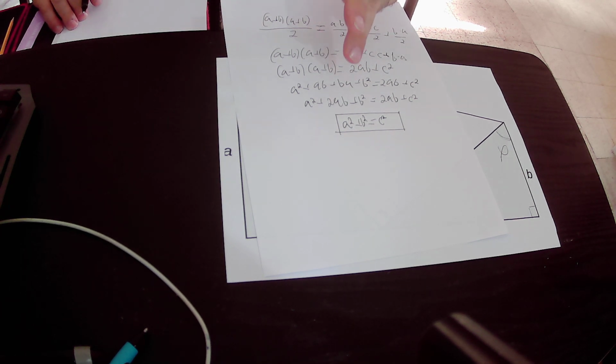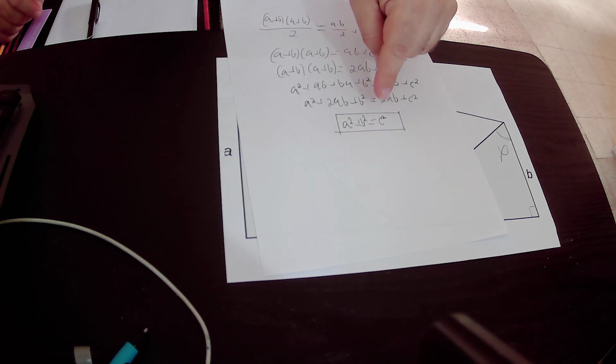So the last term is A squared plus B squared equals C squared, and this is exactly the Pythagorean theorem that says that the square of the hypotenuse is equal to the sum of the squares of the perpendiculars, or C squared equals A squared plus B squared.